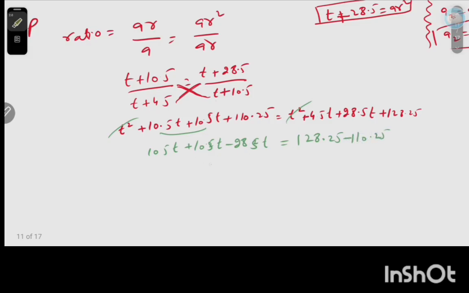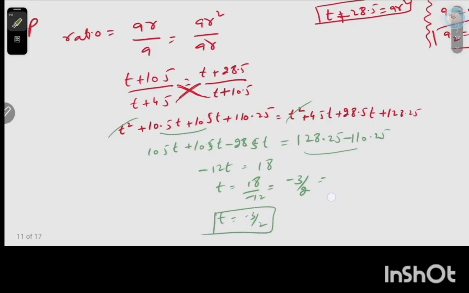If we calculate this, it will be minus 12t equals 18, and t will be 18 divided by minus 12, which is minus 3 by 2. We get the answer minus 3 by 2.